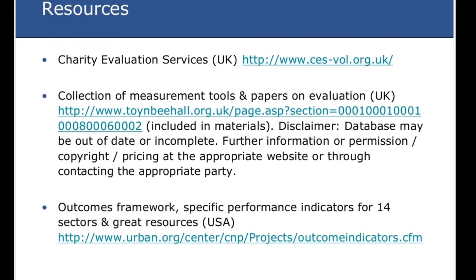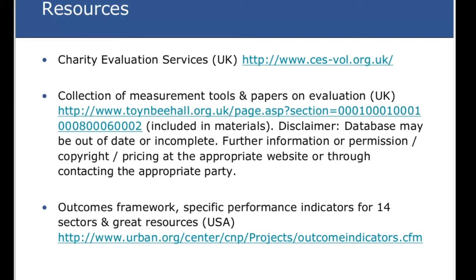There's also a great U.S. site, where there's a project that the Urban Institute has been doing around outcome indicators. You'll find on this site 14 sectors. The outcome indicators have actually been articulated really clearly here, and in the move towards standardizing how we're all going about doing outcome measurement, I think this is definitely a step in the right direction.